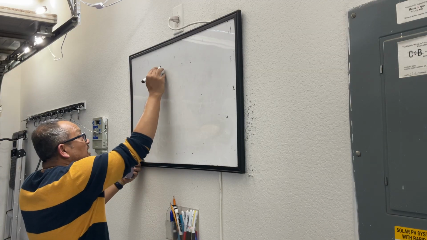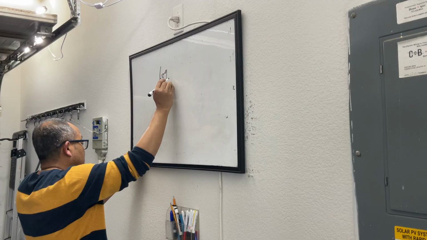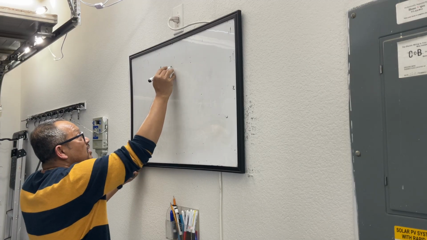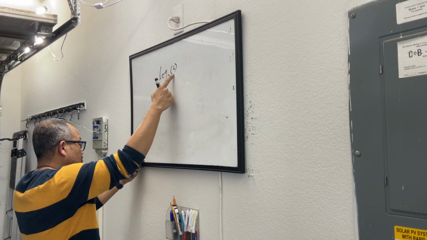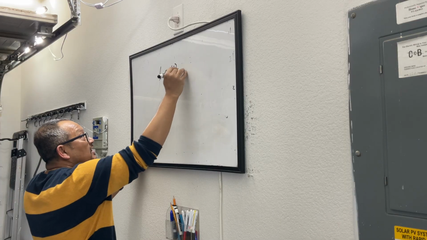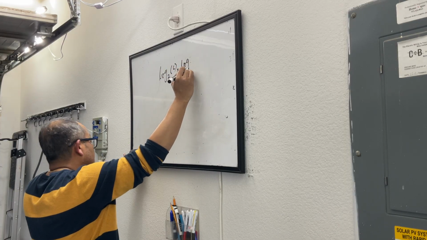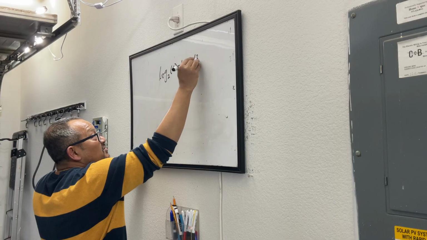Find out log of c base 2 times log of c base 2.